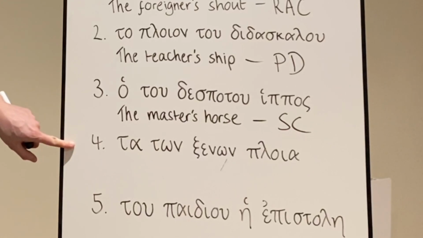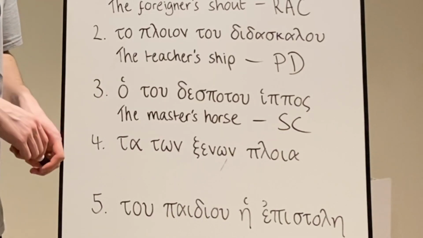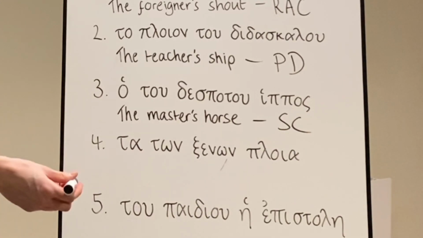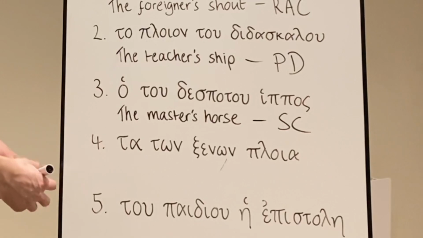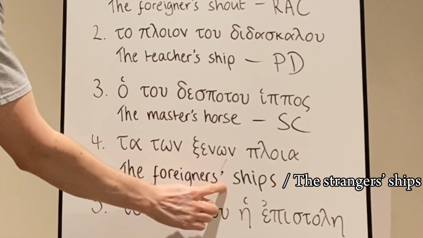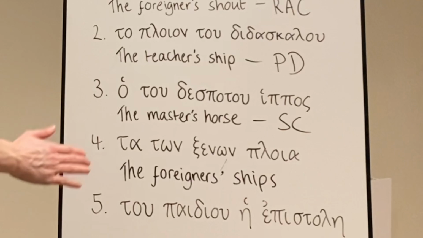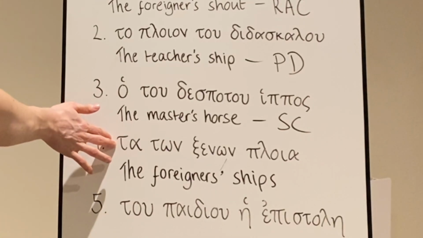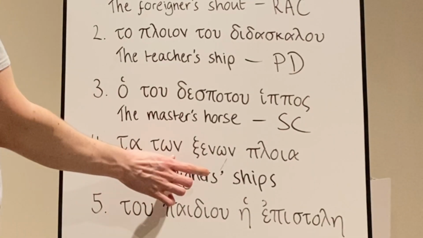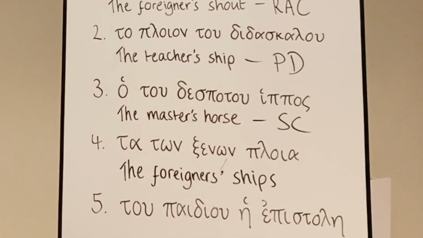Let's now look at number 4. Number 4 was ta tōn xenōn ploia. Here we had to be careful about the number of the definite articles, because this should have been translated into natural English as the foreigners' ships. And note that the apostrophe is after the S because it is multiple foreigners that own the ships. Ta is neuter nominative plural, and it's next to the masculine genitive plural definite article tōn.